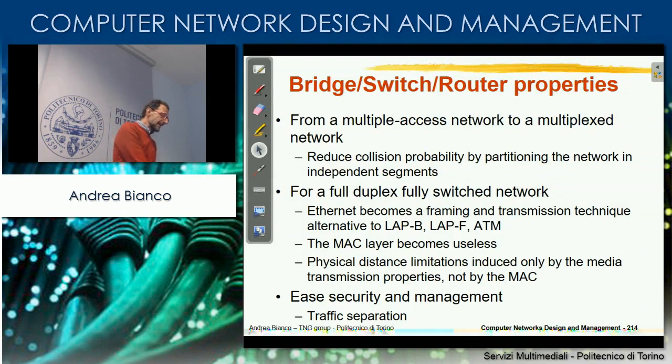As a last note, we must say that by partitioning the network, you are naturally partitioning the traffic on a single segment. So it may be easier to put some filtering or protection on the switch port, whereas if you have a fully multiple access technology, there is no central point that can control the traffic, right? Every user is doing whatever he wants.